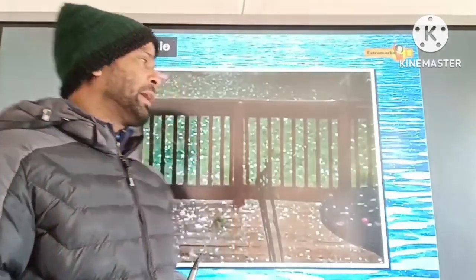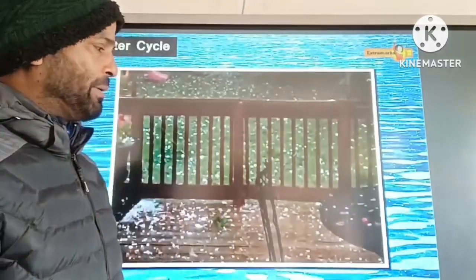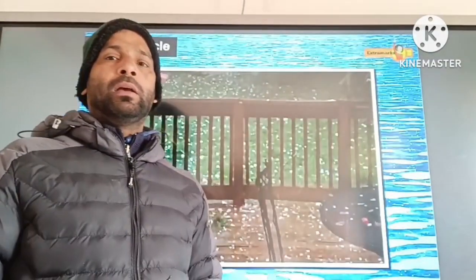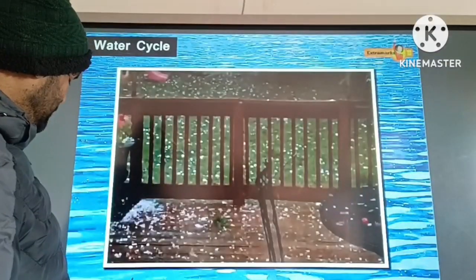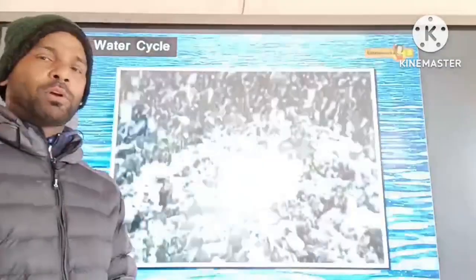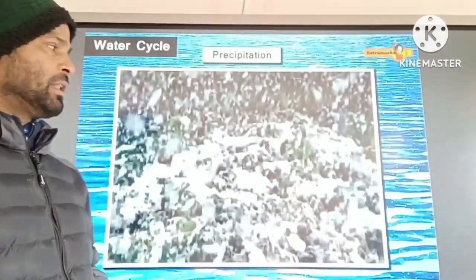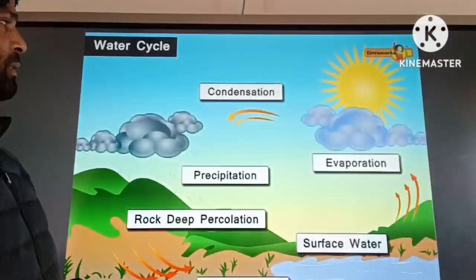So that is called rain. So this is how the rain happens, by the process of precipitation reactions. These precipitation reactions have to come down in the form of rain. Now you can look at the process. This can be rain, taking place in the form of ice as well, or in the form of water.